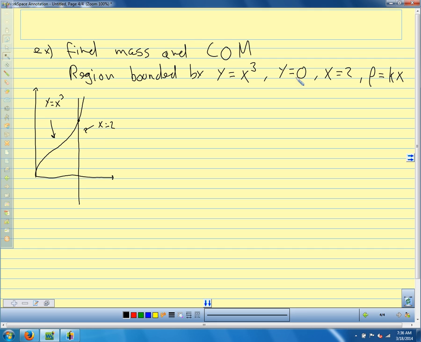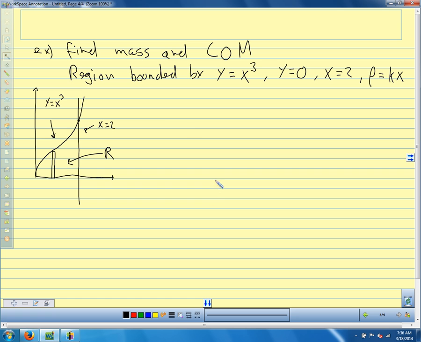And we're bounded by y equals 0, so here's y equals 0, x equals 2, and y equals x to the third, so here's our region. So we can set our representative rectangles vertically or horizontally. I usually choose vertically, so there's my little representative rectangle for our double integral.